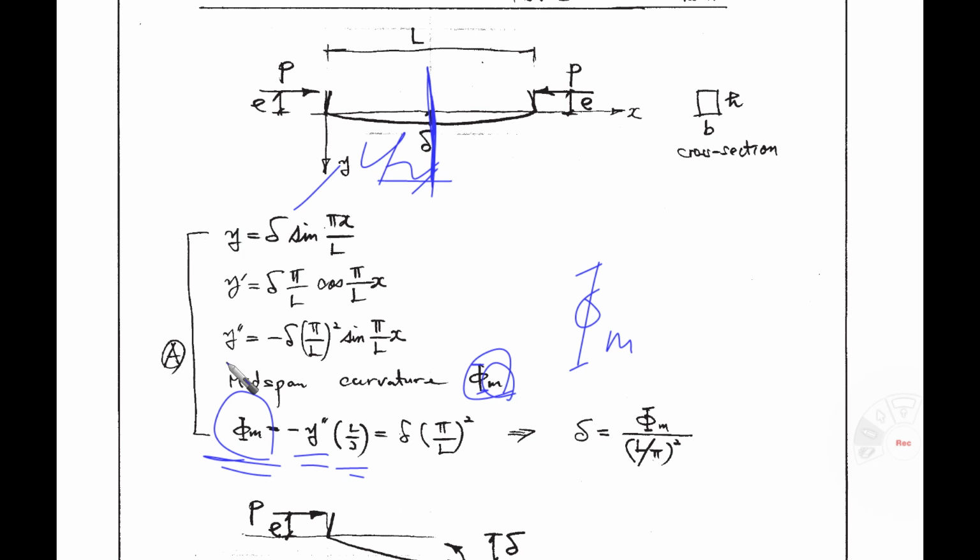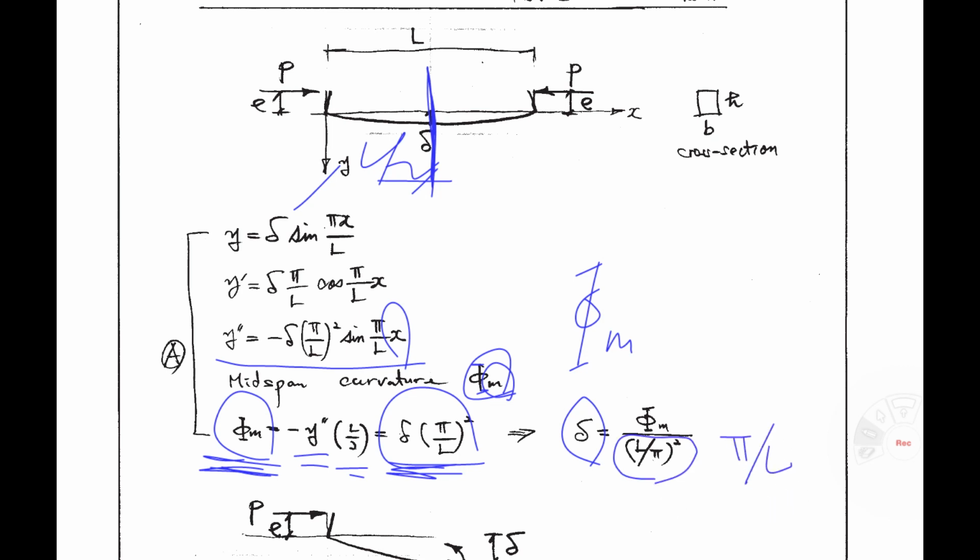So if you input L over 2 instead of this x, then you can get delta pi over L squared. From this relationship, you can get the curvature at midspan. That should be pi over L squared, right? Phi m. The earlier one was a typo. From this equation, you can get this one, pi over L, like that.